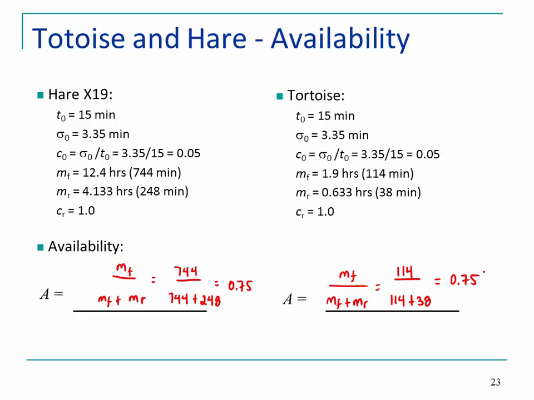So even though they have these coefficients that are different, if you look at the availability of both of the machines, it's the same. So we need to go and do other things, like considering the downtime variability effects.